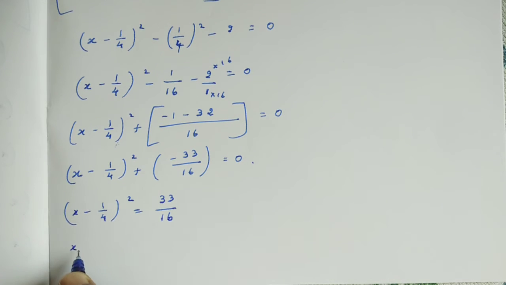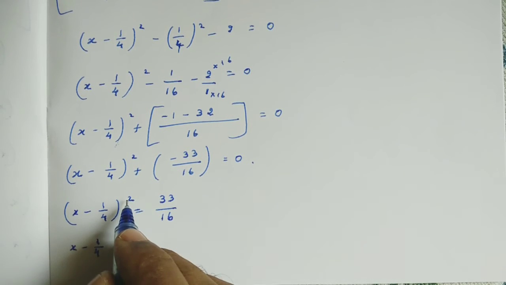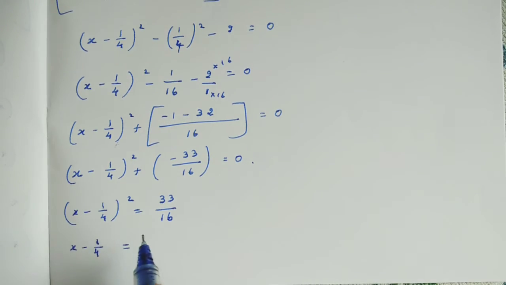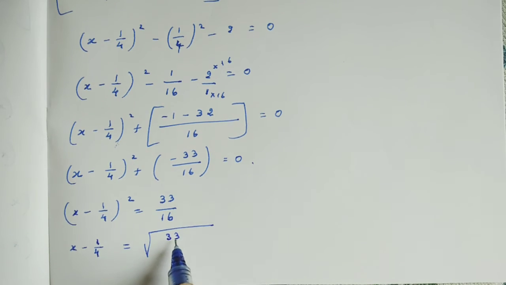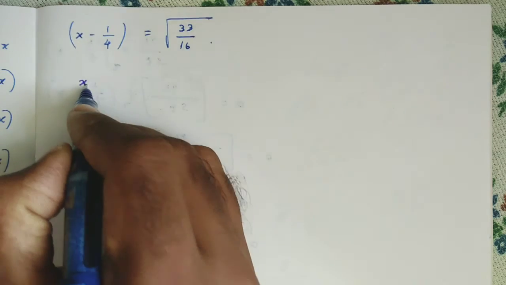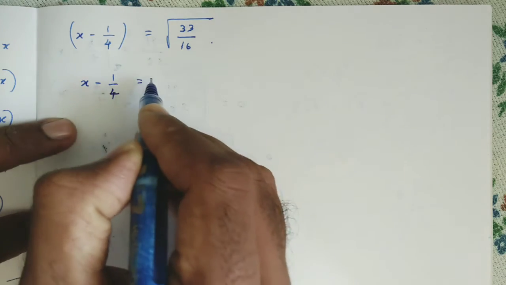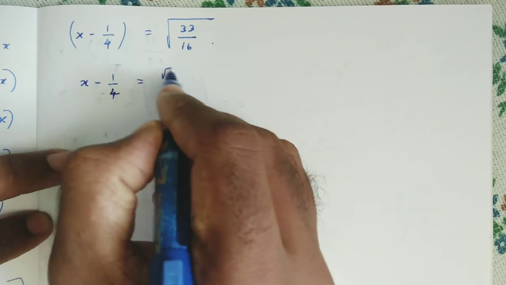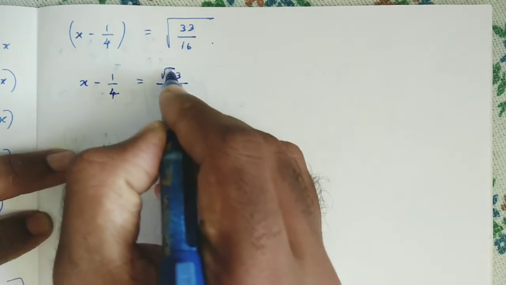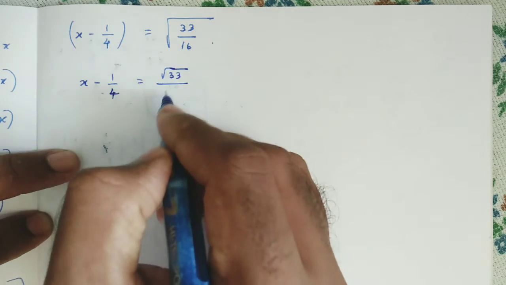Next, now it is a square root. I am taking the square root on both sides, so it becomes root of 33 by 16. The root is common for both numbers: root 33 divided by plus or minus root of 16, which is 4.